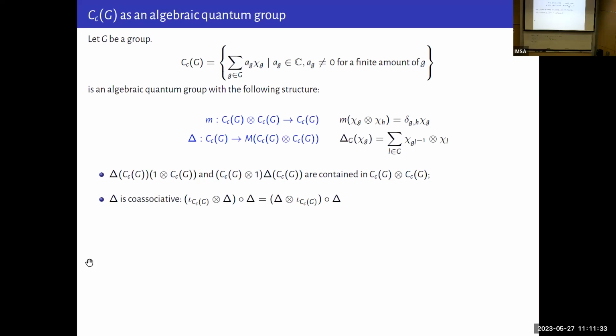Note that here I'm using a different notation because the image of delta is contained in this multiplier algebra, but this morphism is defined on the tensor product. So what we have to do is extend this morphism to the multiplier algebra. We can do this under certain conditions. And also here, we must first extend this morphism to the multiplier algebra.